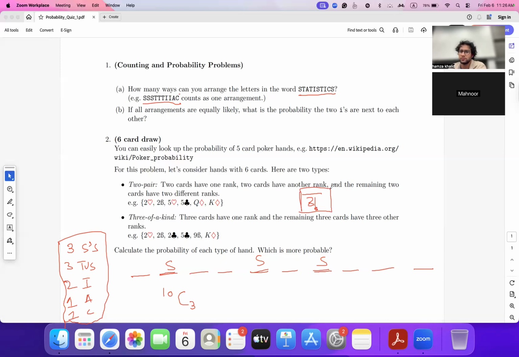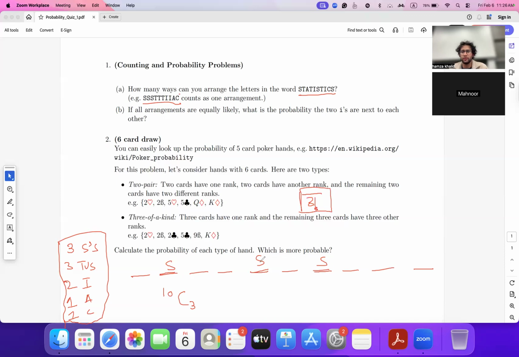No, I don't think so. Why not? Because you're already accounting for the fact that the S's are coming in three different positions by doing 10 choose 3. No? Yeah, okay. No, you're right.